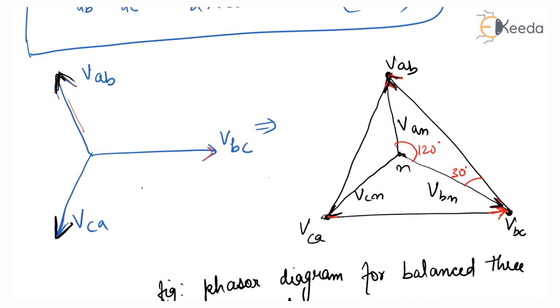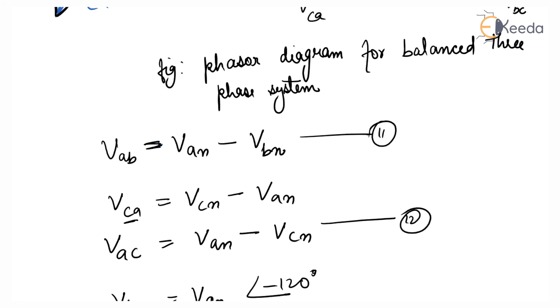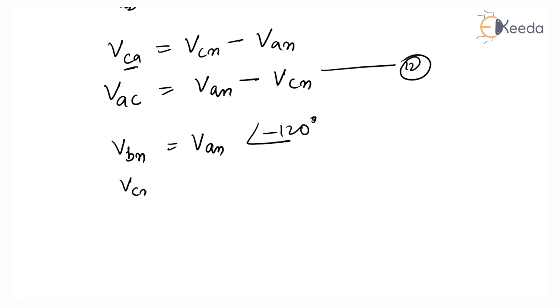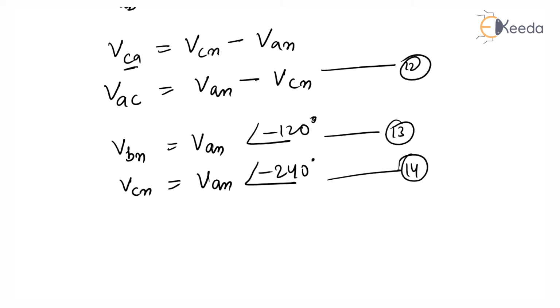Therefore, VBN is equal to VAN angle minus 120 degrees. And VCN is lagging by 120 plus 120, which means 240. So VCN is equal to VAN angle minus 240 degrees. This is equation number 13 and this is equation number 14.